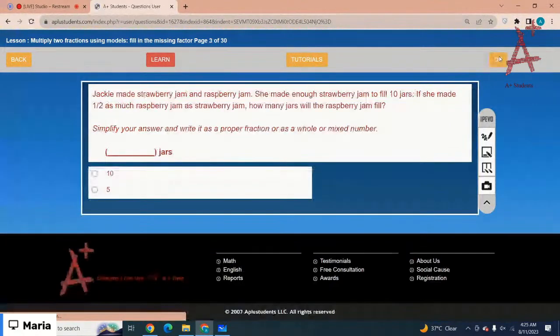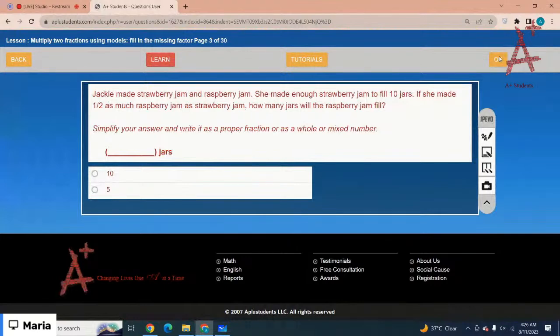Okay, the next one is Jackie made strawberry jam and raspberry jam. She made enough strawberry jam to fill 10 jars. If she made half as much raspberry jam as strawberry jam, how many jars will the raspberry jam fill? Total jars are 10.